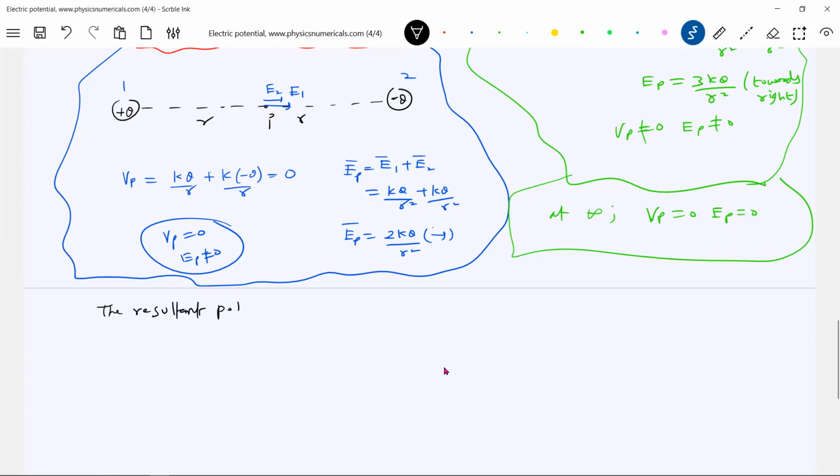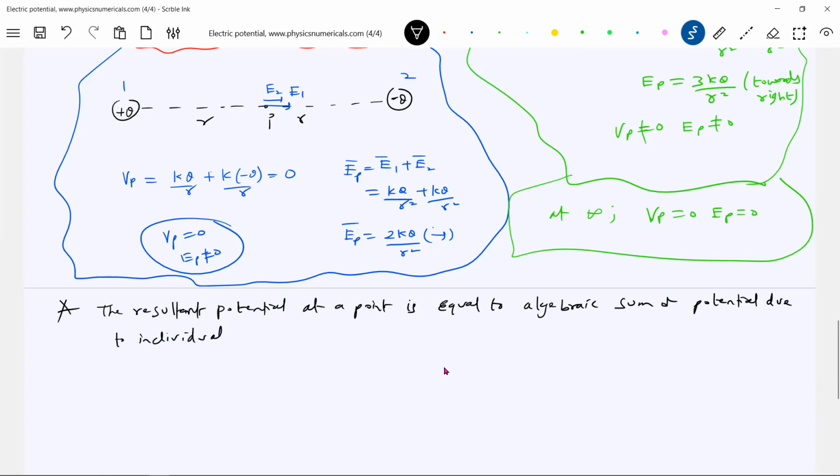The resultant potential, there's an important conclusion. The resultant potential at a point is equal to the algebraic sum of potential due to individual charges.